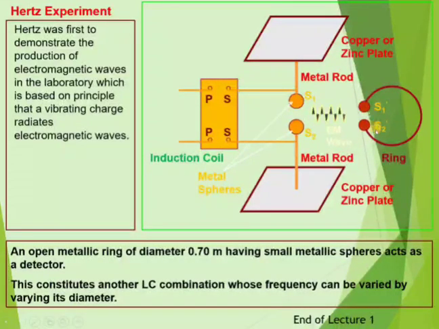This causes tiny sparks jumping across the gap. This proves the existence of electromagnetic waves. So the spark produced here proves the existence of electromagnetic waves. So that's how Hertz first produced electromagnetic waves in the laboratory with this simple arrangement. So that's all about Hertz experiment.